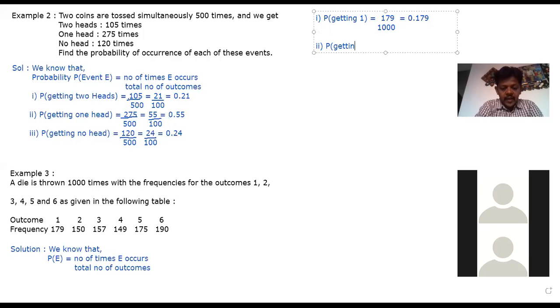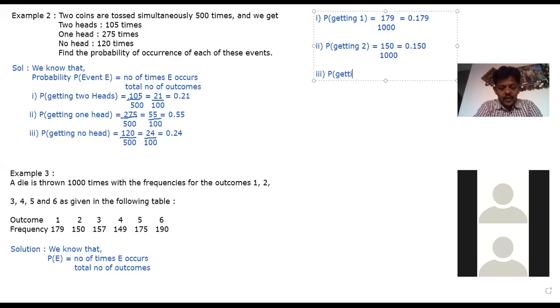Probability of getting 2 is equal to 150 upon 1000, is equal to what? 0.150, and that 0 doesn't have any value. Even if you don't write it, it doesn't make any difference.